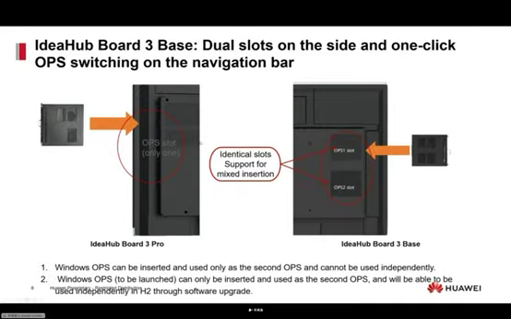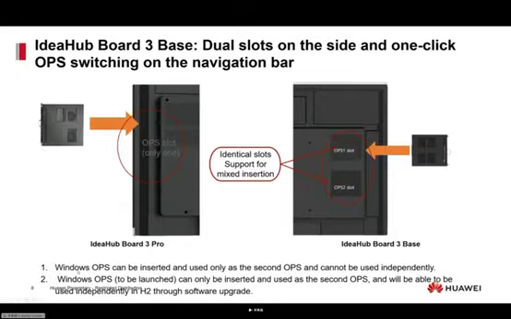Let's go to the dual slot of OPS. Now we have identical slots that support mixed insertion. As I just mentioned, on the navigation bar in the system, you can see a button to switch the OPS, so that with two OPS inserted, you can change to the system that you actually want.